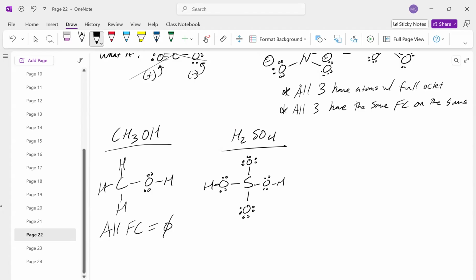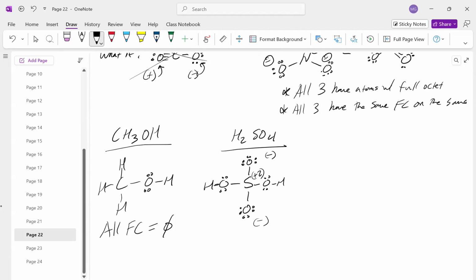So if I were to leave sulfuric acid like this, this oxygen would be -1. This one would be -1. And sulfur would be +2. Can I do anything to fix that? Because that's a lot of charges there.